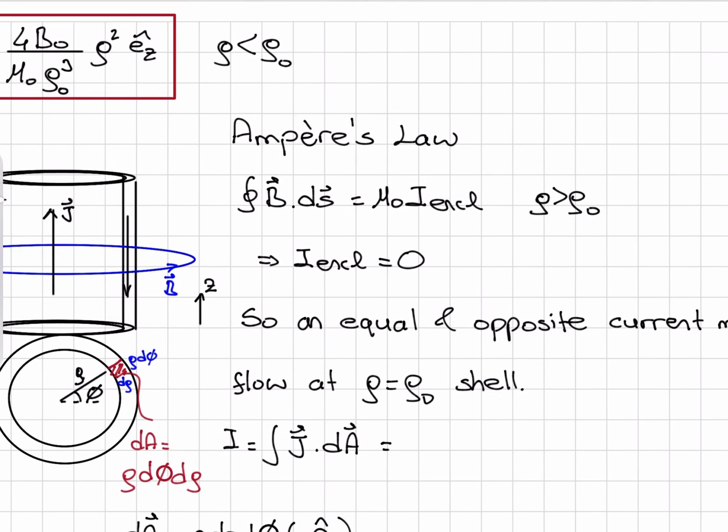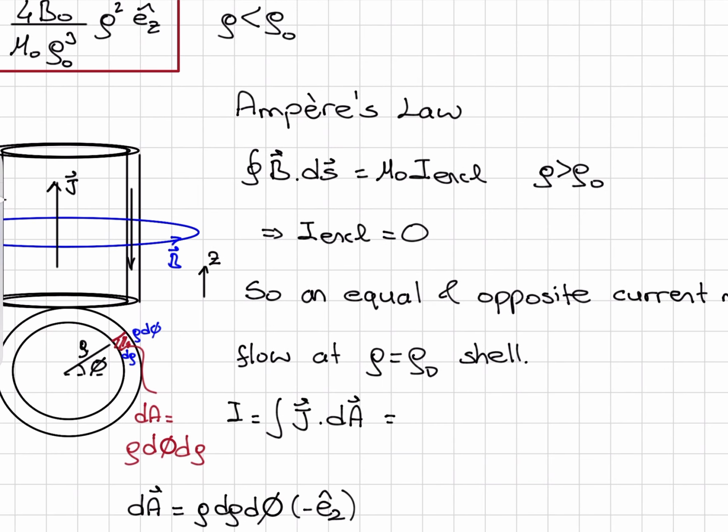So the current density 4B0 divided by mu 0 rho 0 cube, double integral rho square, rho d rho d phi.